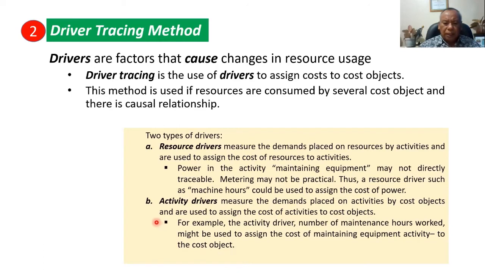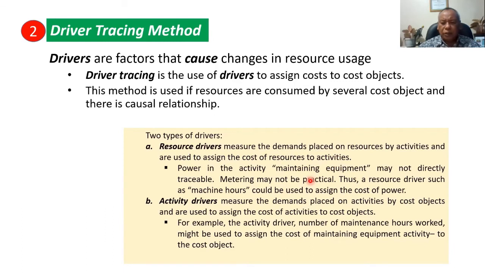For example, for the activity driver, the number of maintenance hours worked can be used to assign the cost of the maintaining equipment activity to the cost object, to the product.